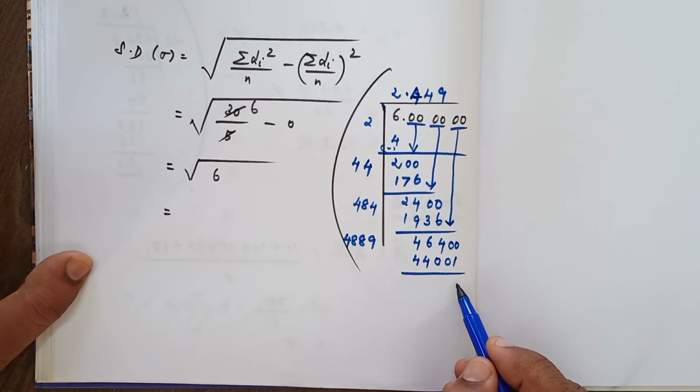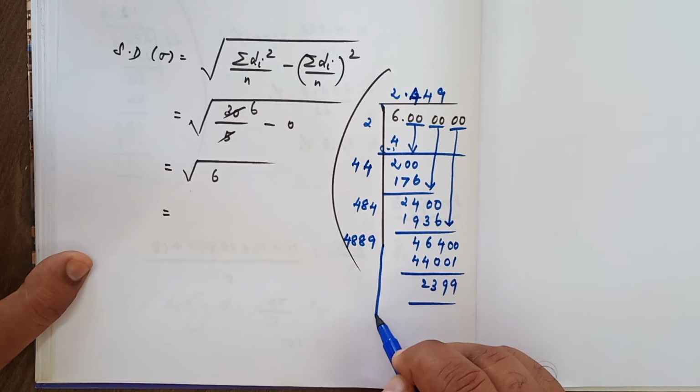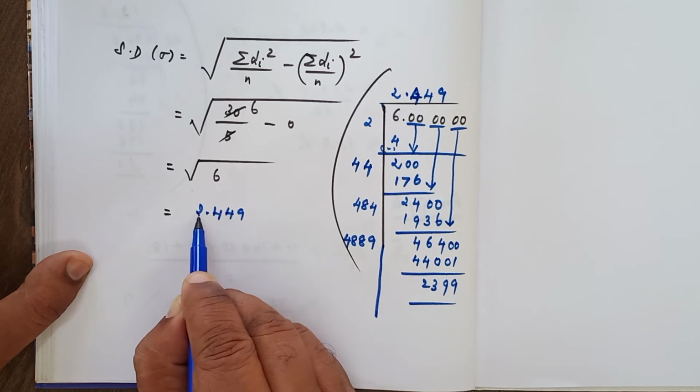Subtract: 10 minus 1 is 9. 9 minus 0 is 9. 3 minus 0 is 3. 6 minus 4 is 2. So 2.449, that is the approximate value.